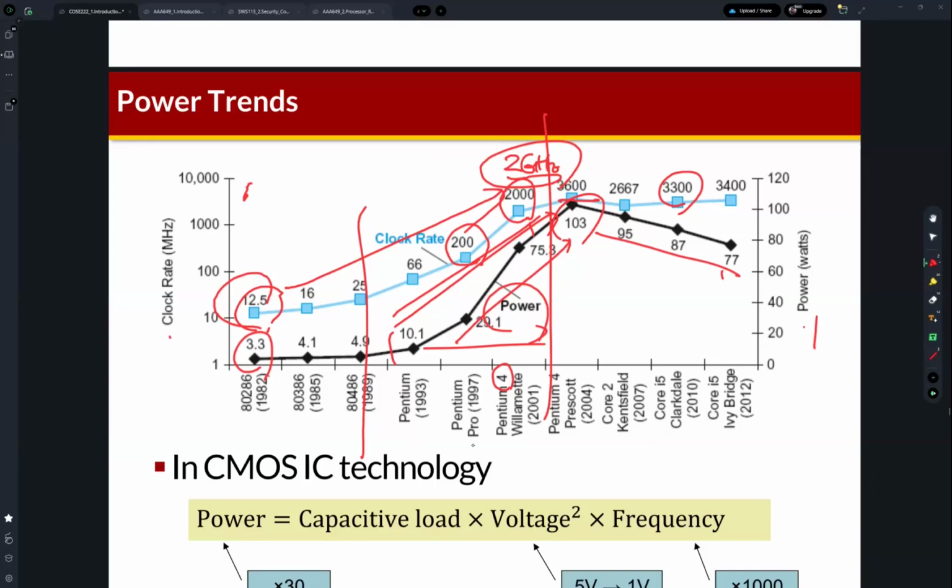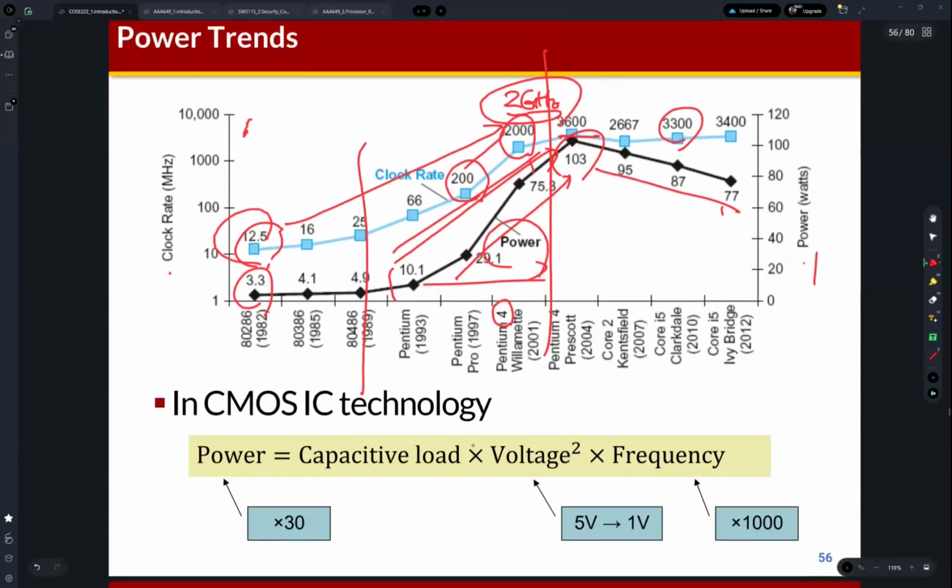And also, it is based on the advances in semiconductor technology. I also explained that if we use smaller transistors, we can increase the clock frequency, because we can make faster devices with smaller transistors.